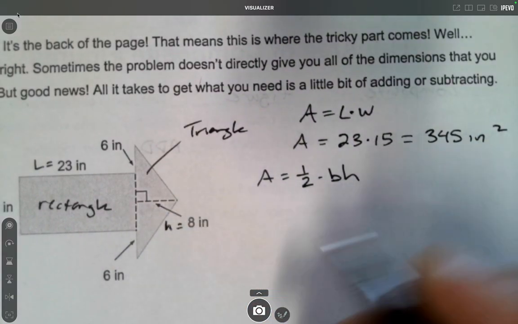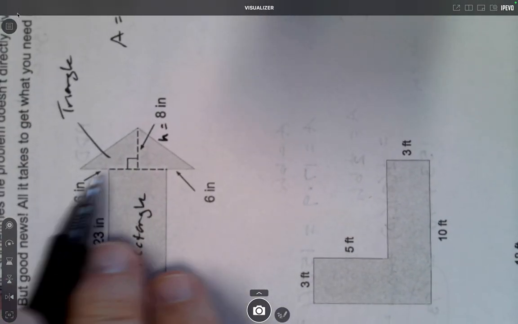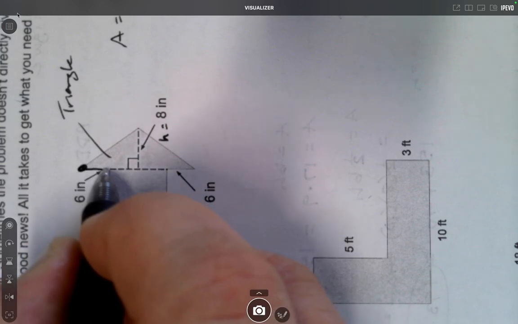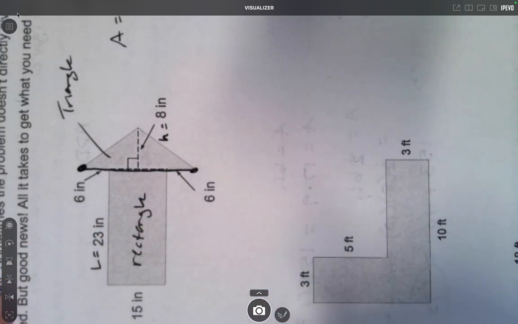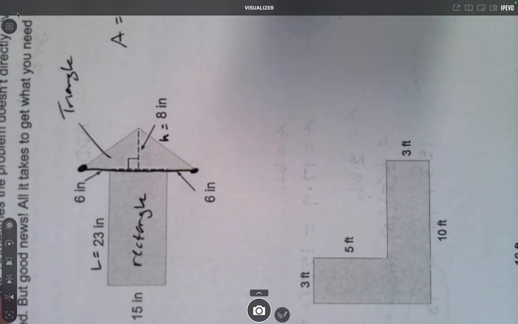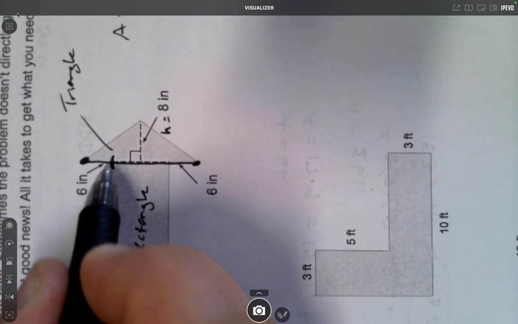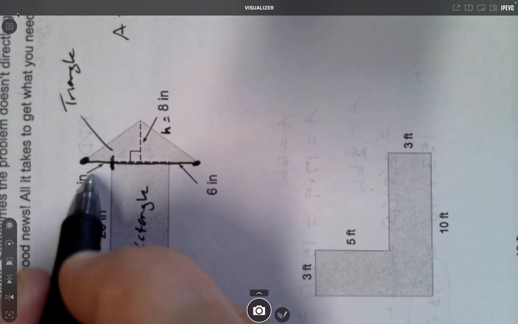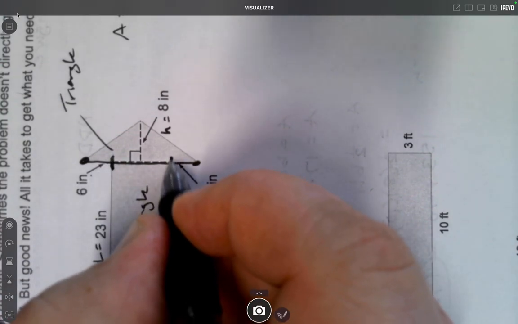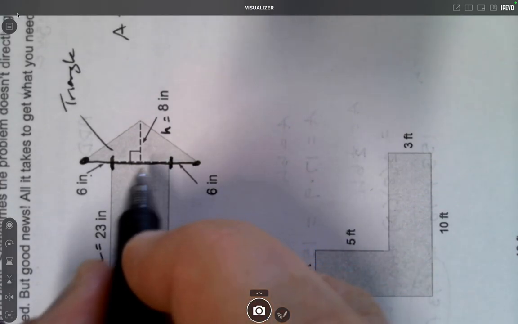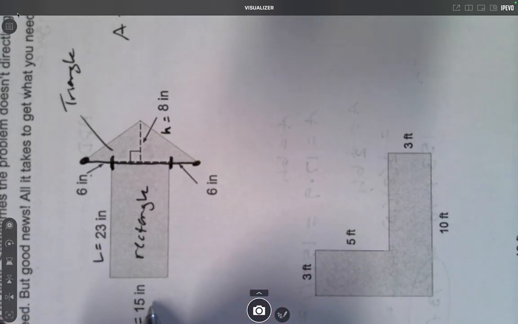The height is just the 8 inches, because you kind of got to think of the triangle this way. So this is the base. The base is the distance from here to here. Well, they told us this piece from the dot to this line is 6 inches. This piece from the dot to the line to the dot is 6 inches. And this piece in the middle, we actually have that right here.